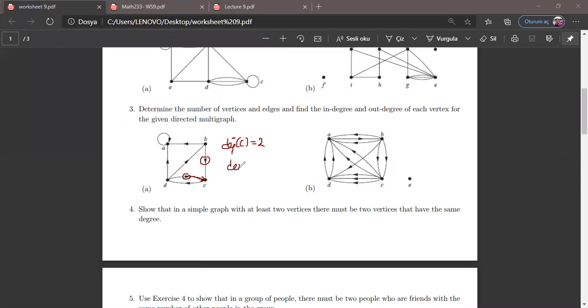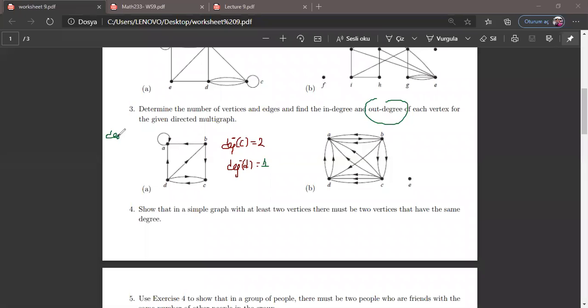And what about D? There is only one edge which comes to D, so it's 1. Now, what about out degrees? Okay, let's compute that too.